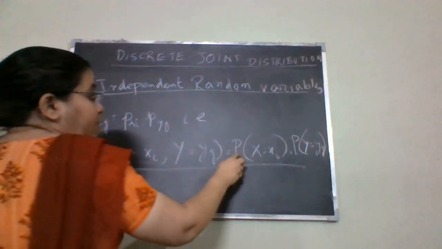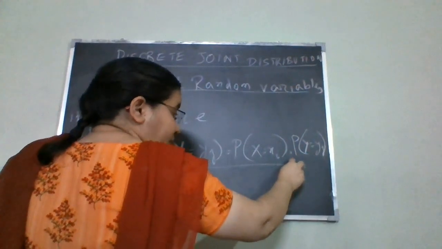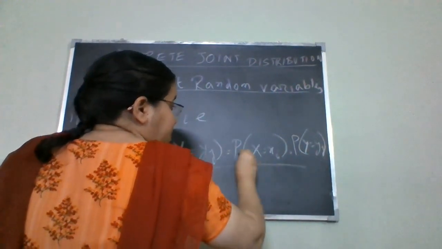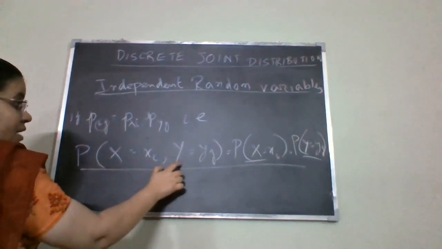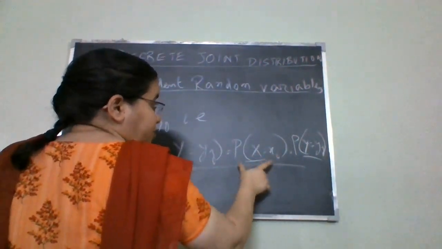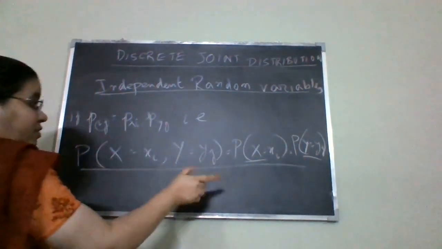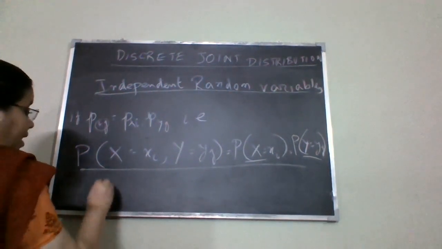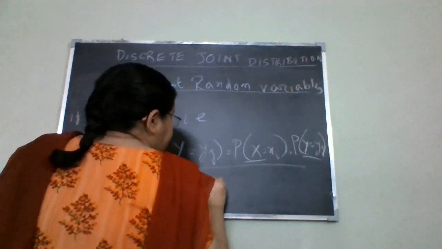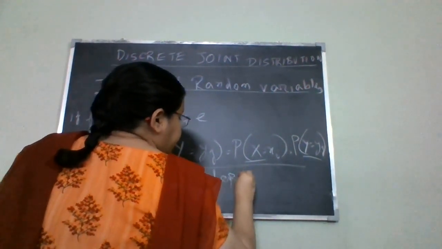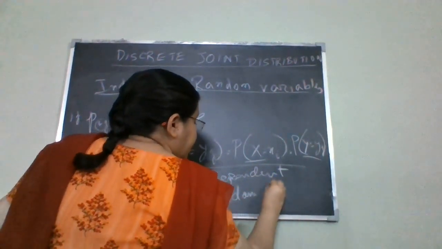If this is equal to the probability of X being x_i multiplied by the probability of Y being y_j, that is, the joint probability equals the product of the marginal probabilities, then we can say X and Y are independent random variables.